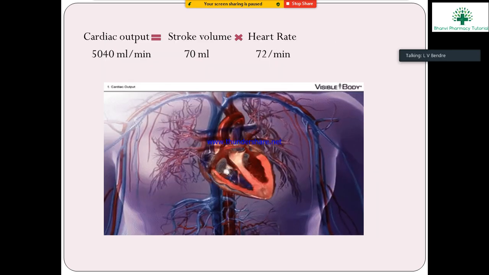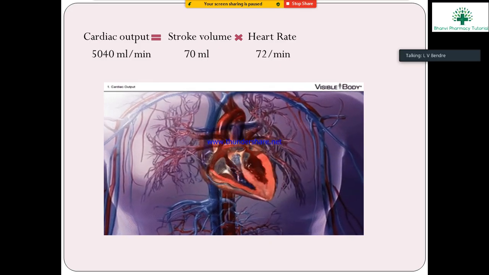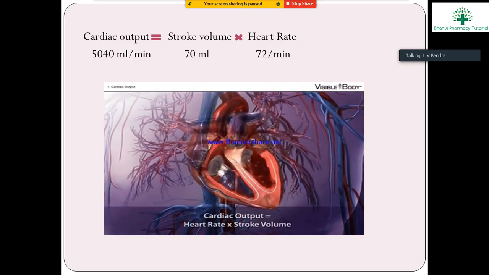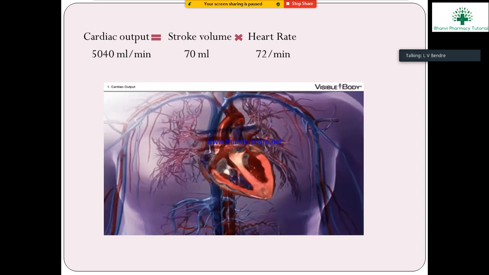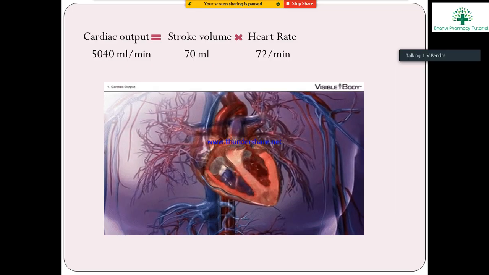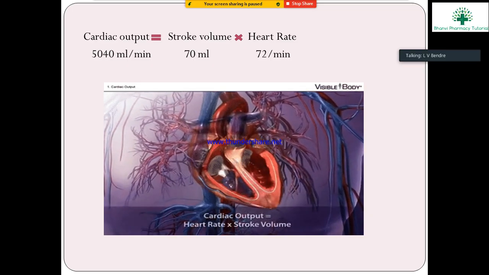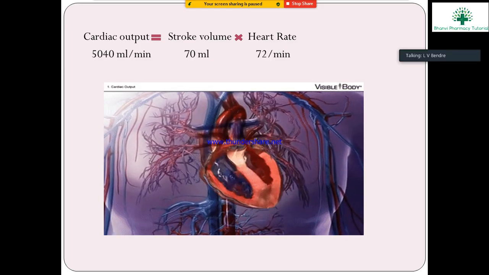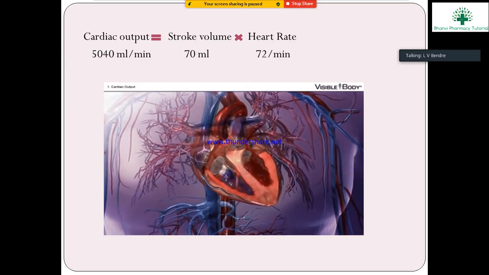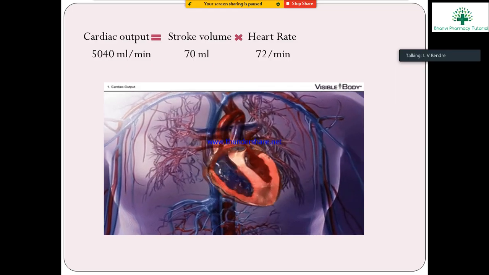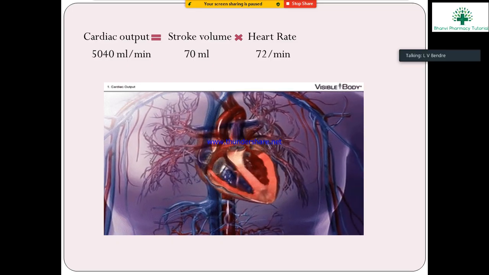Okay. You see the diagram. This is the cardiac output, stroke volume into heart rate. The cardiac output is 5040 ml per minute, means the heart will pump 5040 ml of blood in a minute.